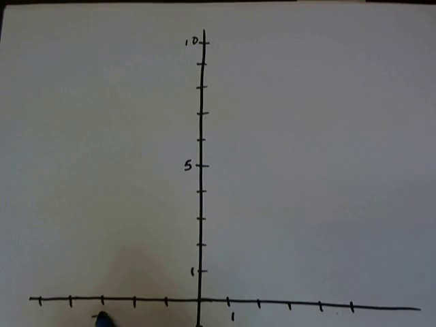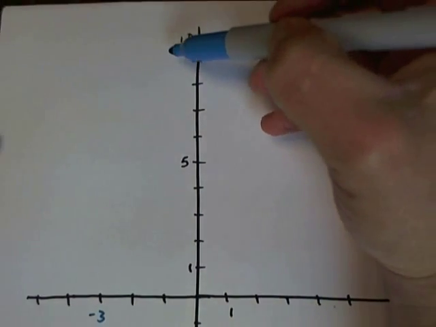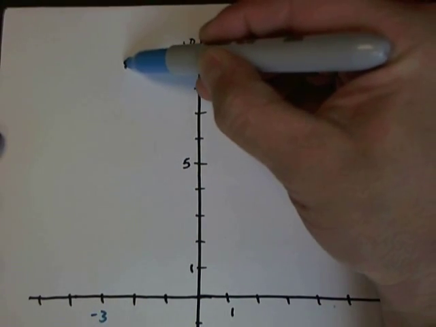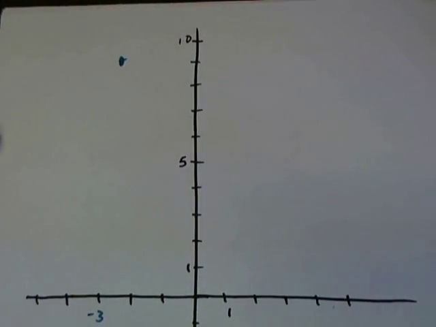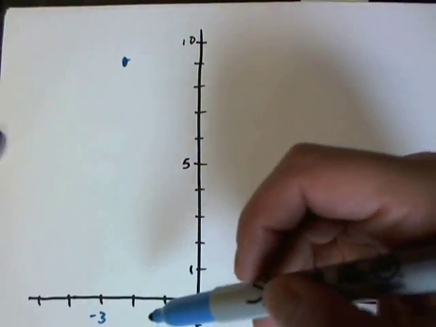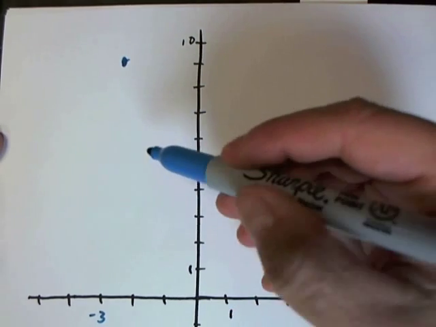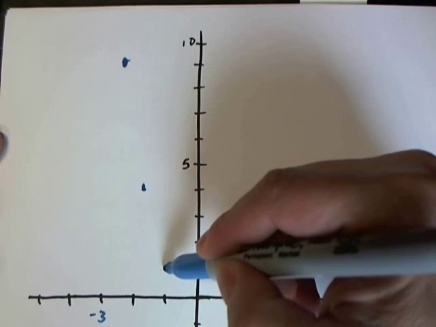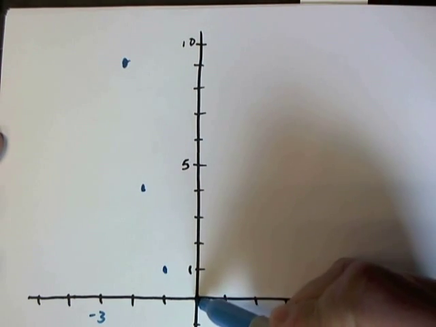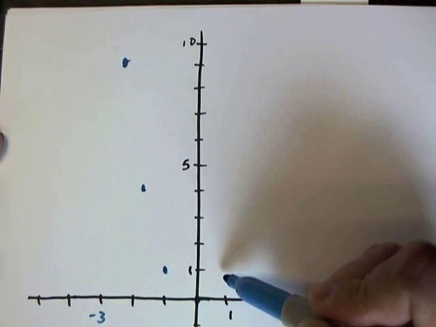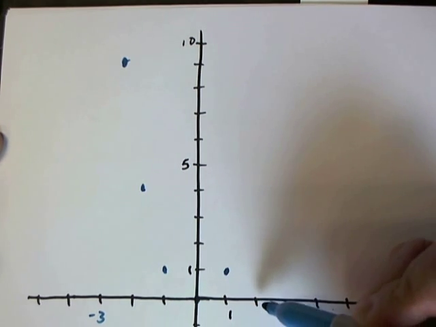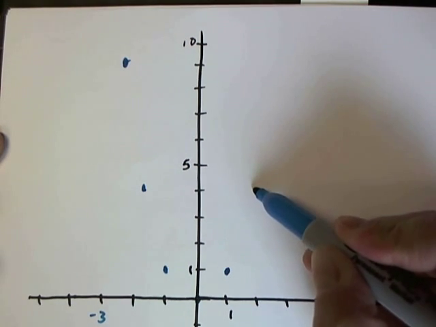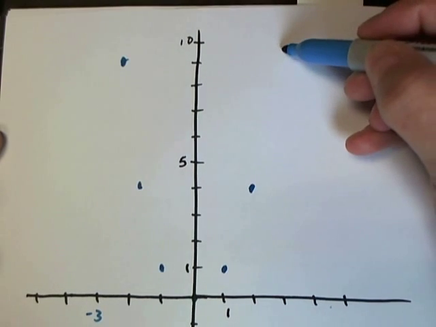So we go over to -3 on the x, and then all the way up to 9, and we find our point. Do the same thing. -2 was with 4. -1 was 1. 0 was 0. And then we had this repeat on the other side. 1, 1. 2, 4. And 3, 9.